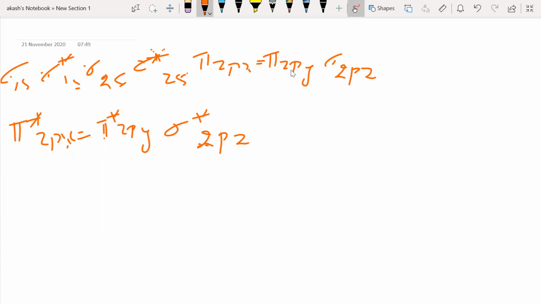Right? So all the rules which you follow for filling the electrons in the atomic orbitals, the same thing has to be followed. Aufbau's principle, Pauli's exclusion principle, Hund's rule of maximum multiplicity, all those things have to be followed. If I have only 2 electrons, you will put both the electrons in the first orbital. If I have 3 or 4 electrons, you'll put the next ones in the next orbital. And the only thing which you have to remember is when I go for the pi orbitals, pi 2px and pi 2py, you first have to put 1 and 1, then only put 2 and 2.